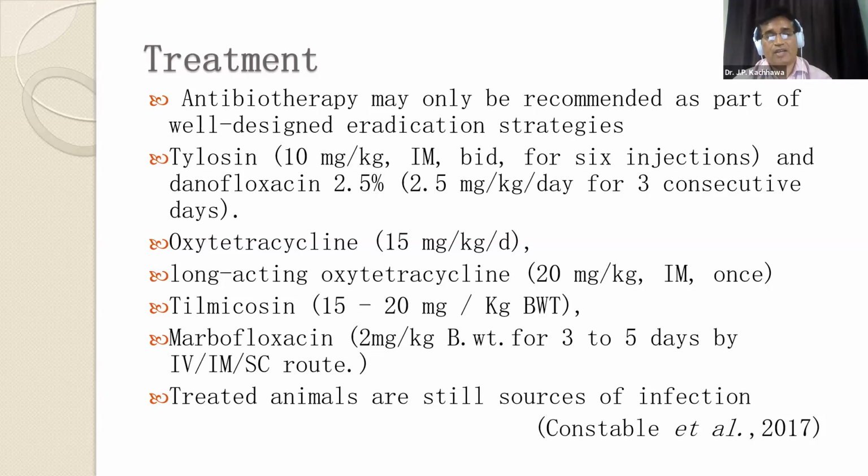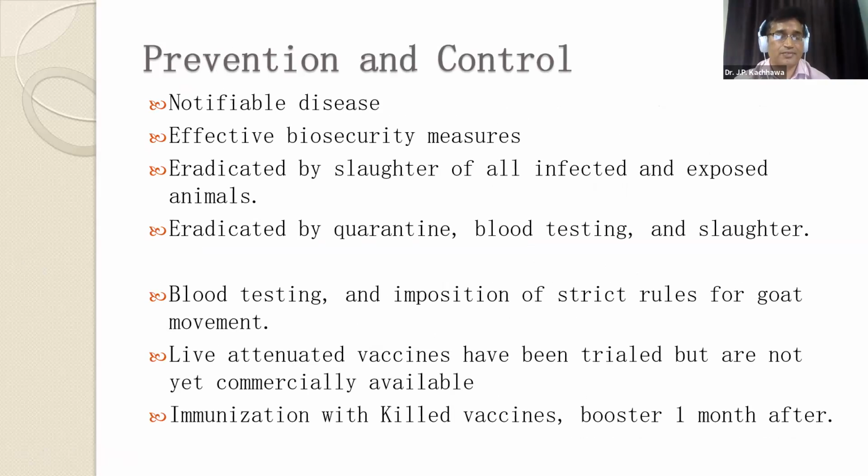If we treat the animal properly, then the animal may survive. But the treated animal may become a carrier, and become a source of infection. For the prevention and control of this disease, several measures have been suggested by the OIE. This is a notifiable disease.